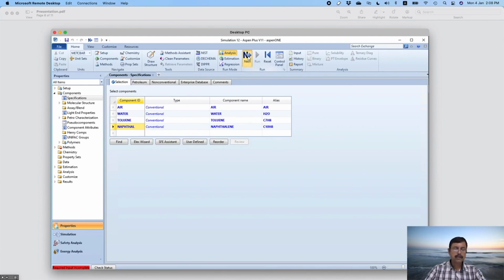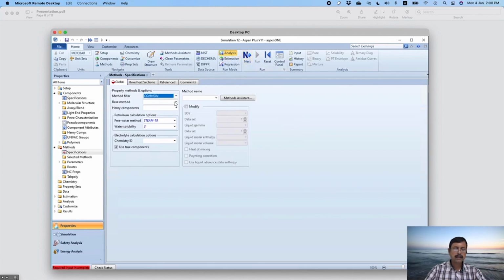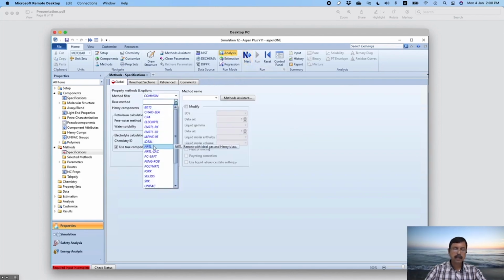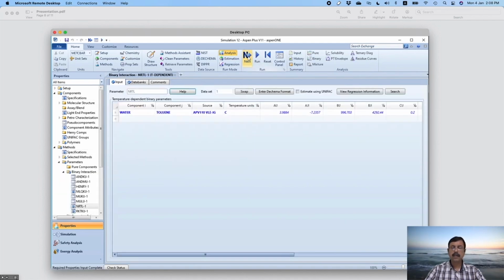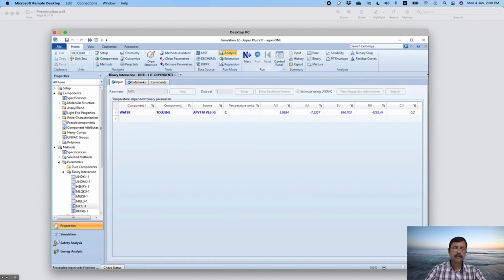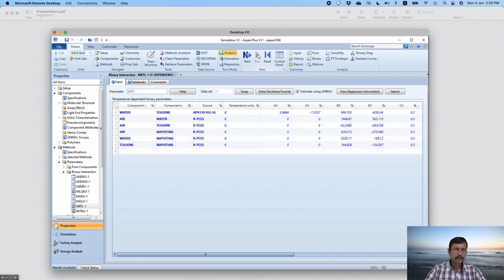Let us use the common one, the inertial method. Next, with UNIFAC estimation, run. So you obtain the binary parameters. Let us go to simulation.